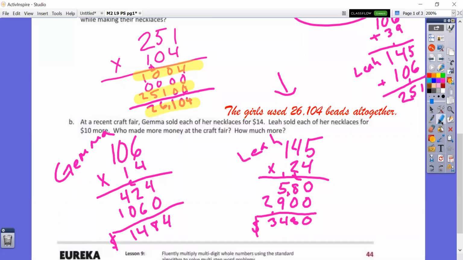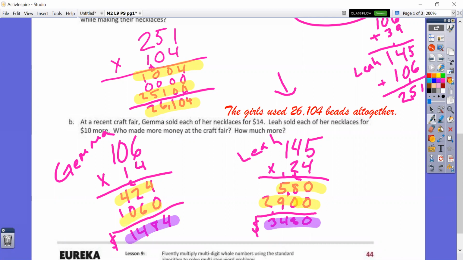Please check your work. Check your partial products inside of your area models. If you chose area model, if you did standard algorithm, check your partial products. If you made a mistake in those highlighted areas, you made a multiplication mistake. If you made a mistake down here below with the top right, then that means you made an addition mistake.